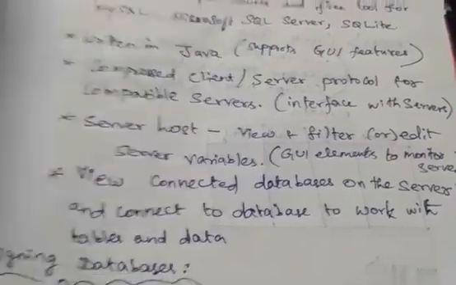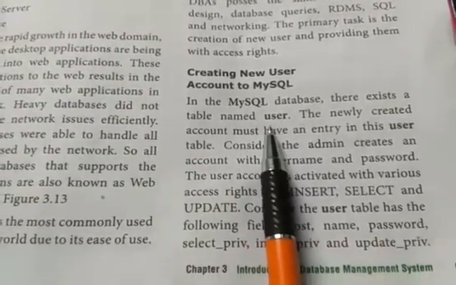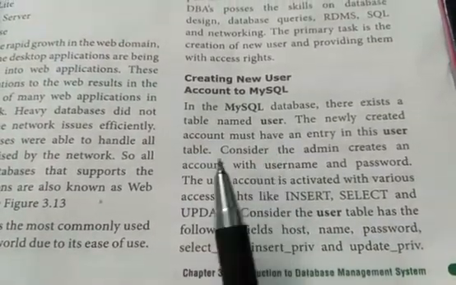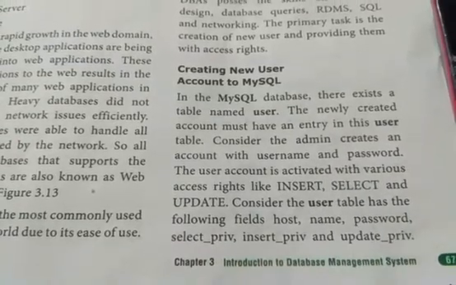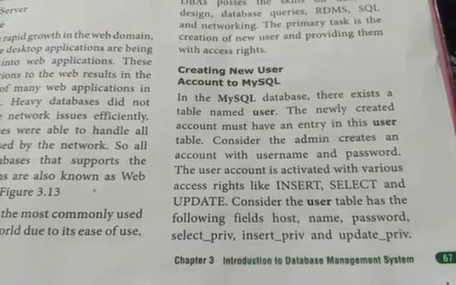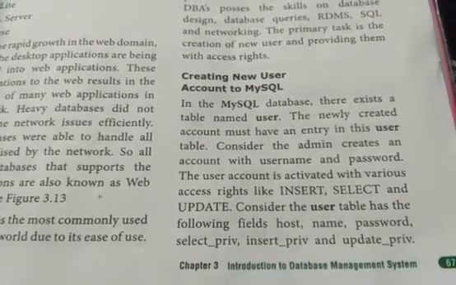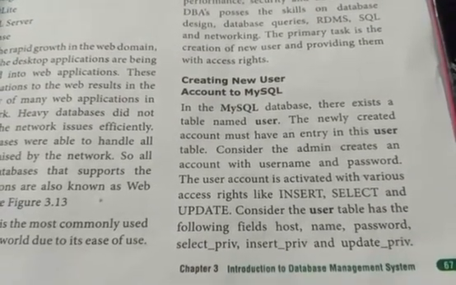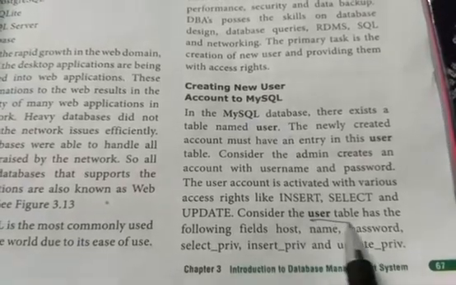In the MySQL user account, we are creating the table named user, and in the table we have all the users, that is the clients, those who want to create an account in MySQL. So all the details of the clients are stored in this user account table.